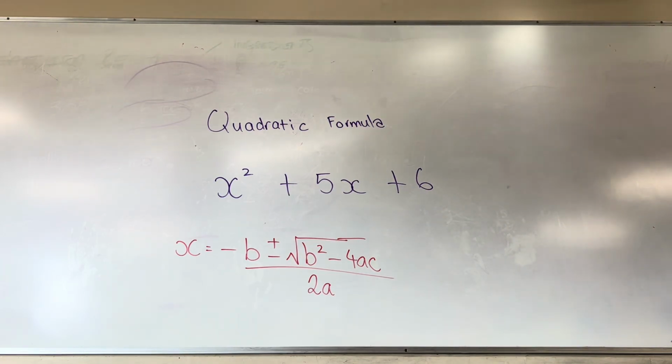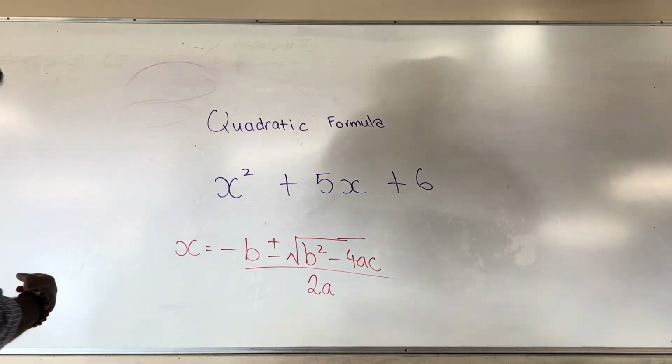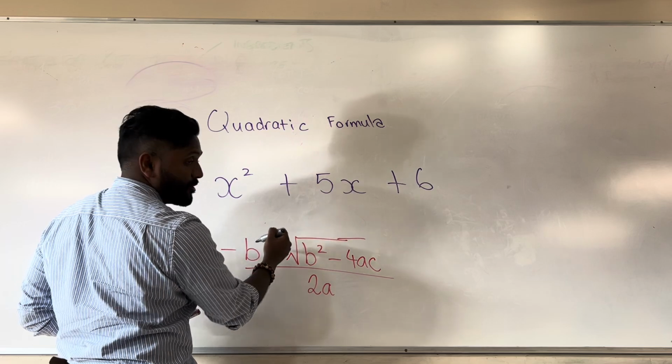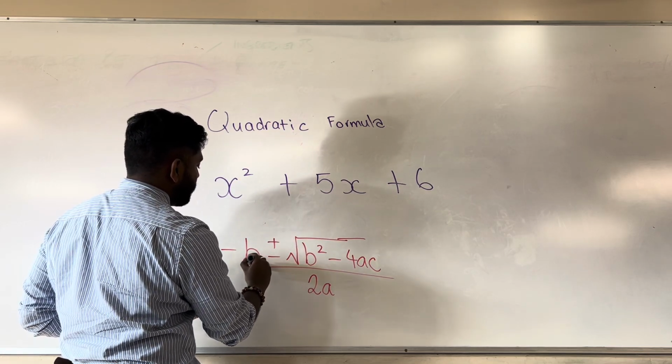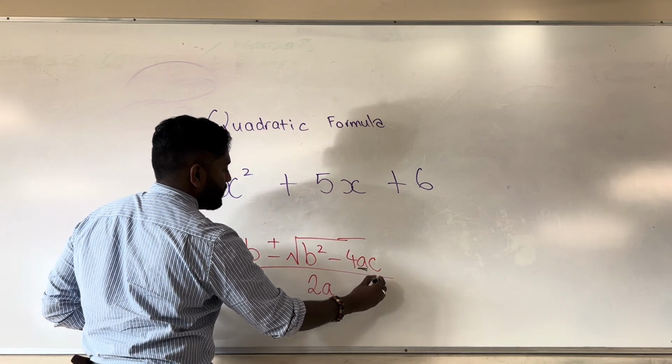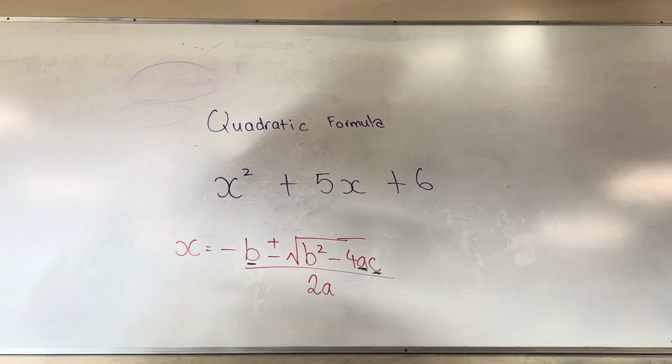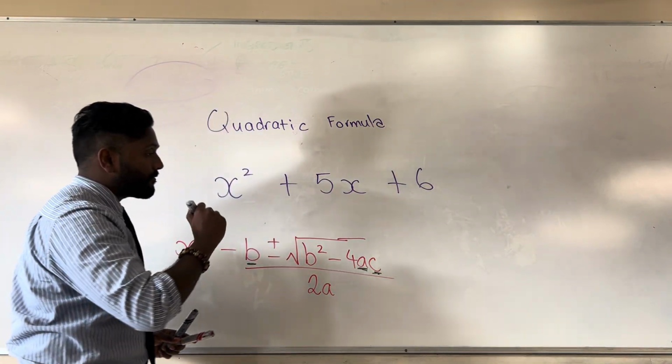Okay, so you're going to have to use this equation and substitute values for a, b and c, and then end up solving. It's a very straightforward process, and how you go about it is literally a few steps.